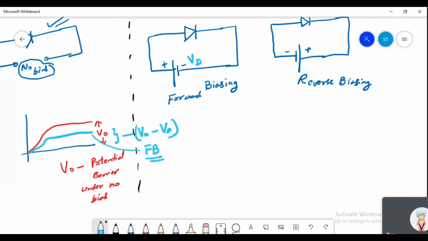But in the case of reverse biasing, if you apply the same potential VD, then this is adding up to your existing barrier. So it is like this. Let me say this part is V naught plus VD. And this is for the reverse bias condition.